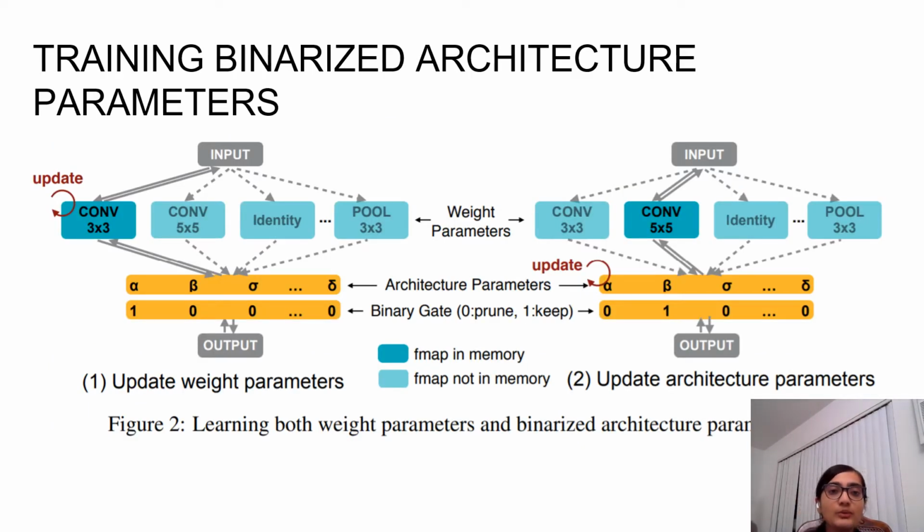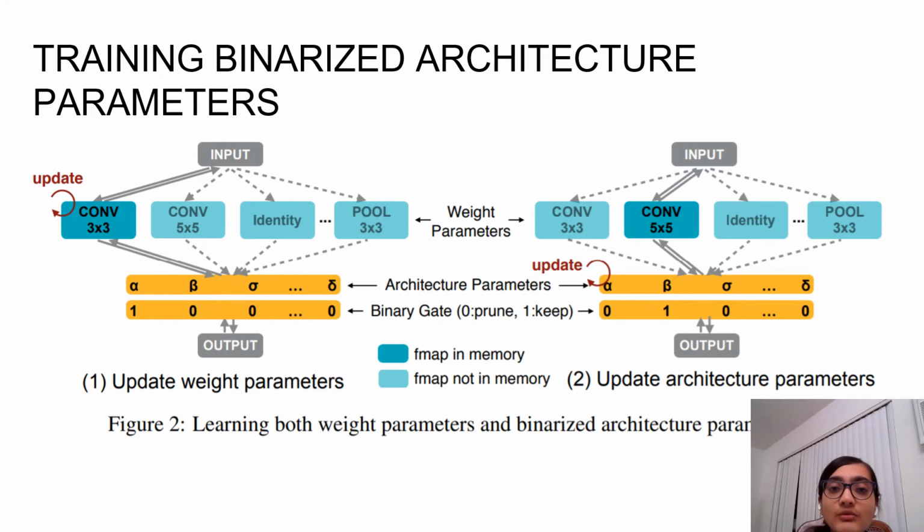This is the architecture which shows how we train the binarized parameters, and here if you see, there are two ways of learning both weight parameters and binarized architecture parameters. When you have to train the weight parameters, first we freeze the architecture parameters and then we sample the binary gates according to the equation g equal to binarize p1 to pn, where we have applied probabilities for every path.